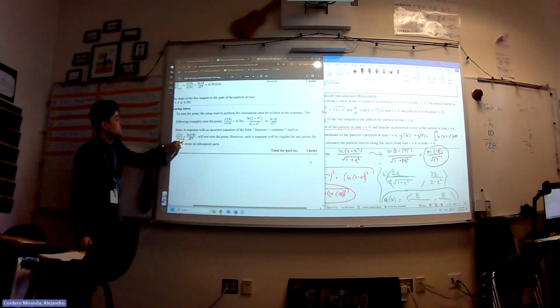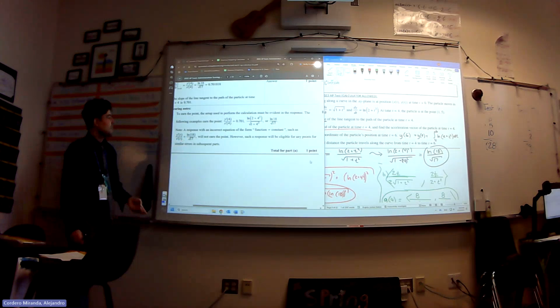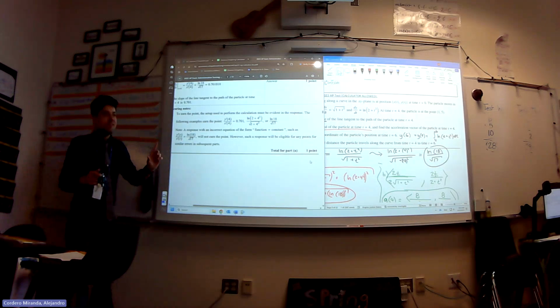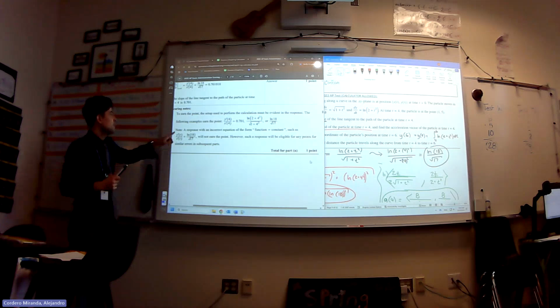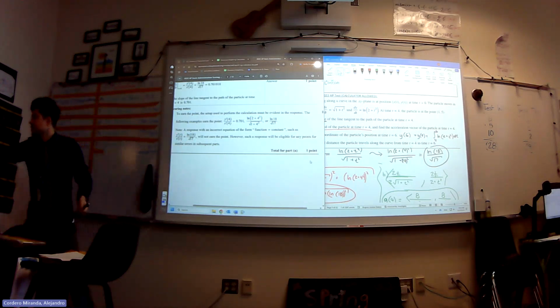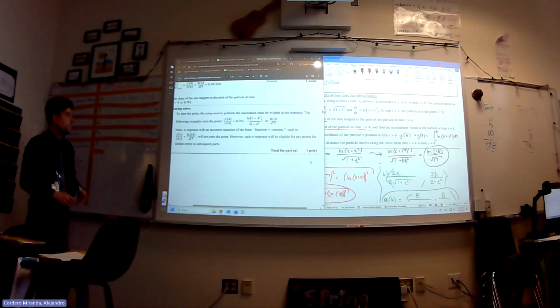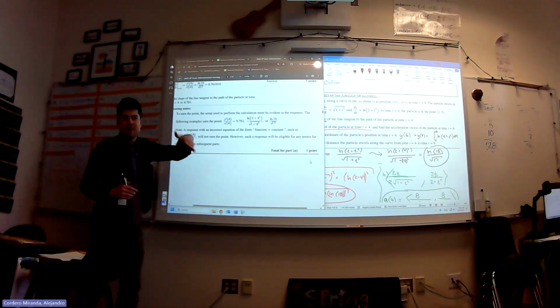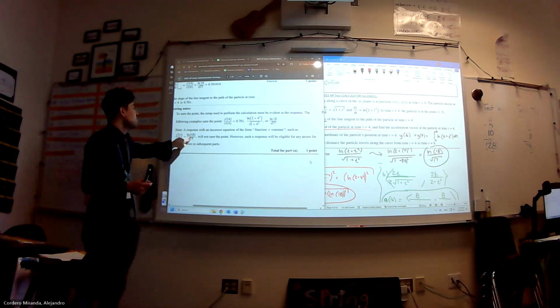So just avoid these little equal signs. If you're ever not sure, write y prime of t over x prime of t, and then write a little arrow to this or whatever. Because they hate when you compare two things that are not equal. They really check if your work is mathematically precise. So be careful about that.